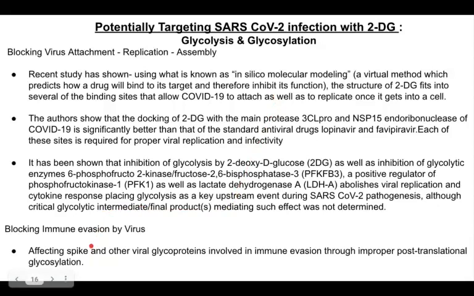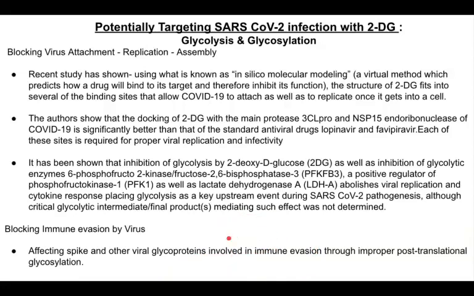Now, its effect on glycosylation would be important when you don't have perfectly glycosylated proteins, such as the spike and other viral glycoproteins, which are altered. Then it potentially blocks immune evasion, because these spike glycoproteins and other viral glycoproteins are speculated to be involved in immune evasion by shielding and shedding.